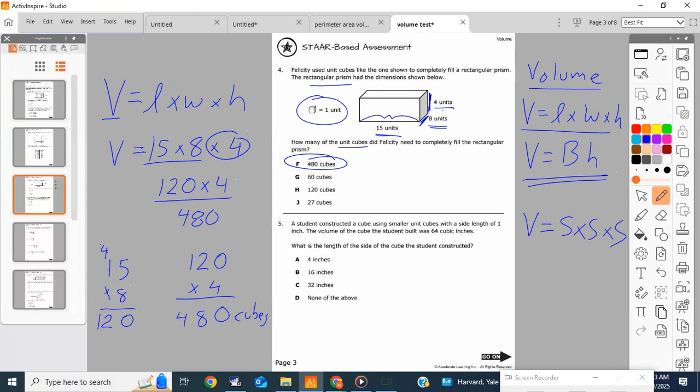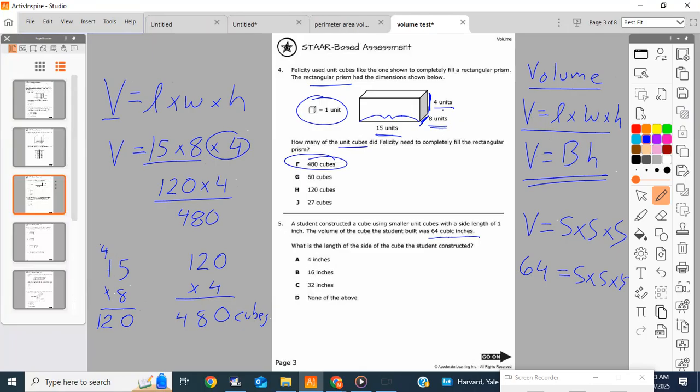We know that the volume of that cube is 64 cubic inches, and they're asking us for the side. So we have to figure out what side length we can multiply together 3 times to get 64. Well, they give us some answer choices.